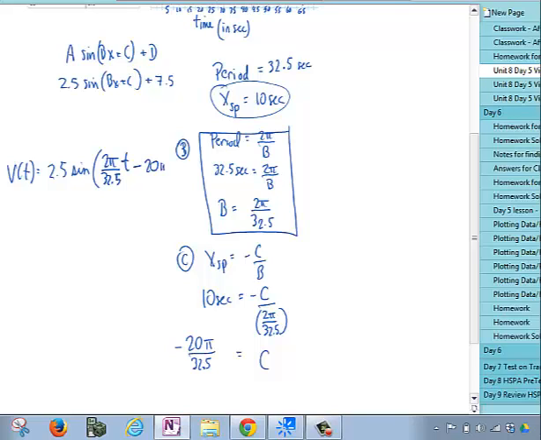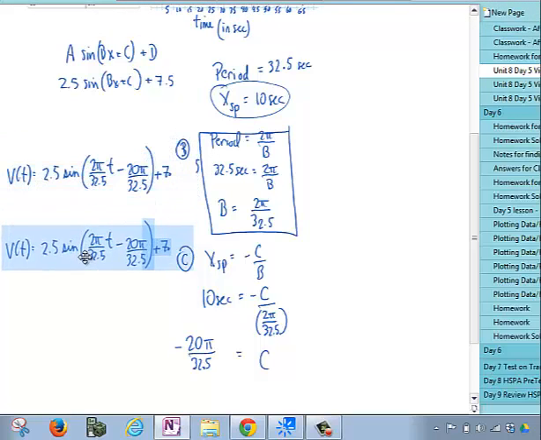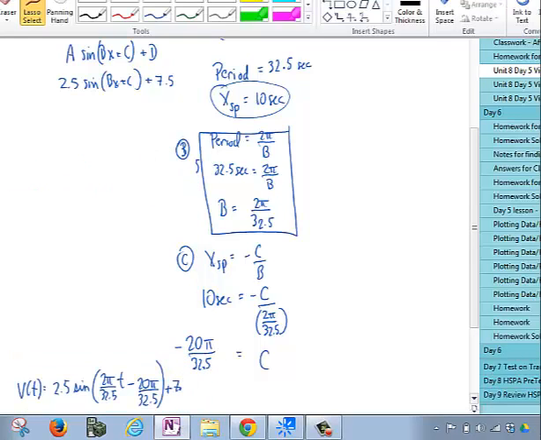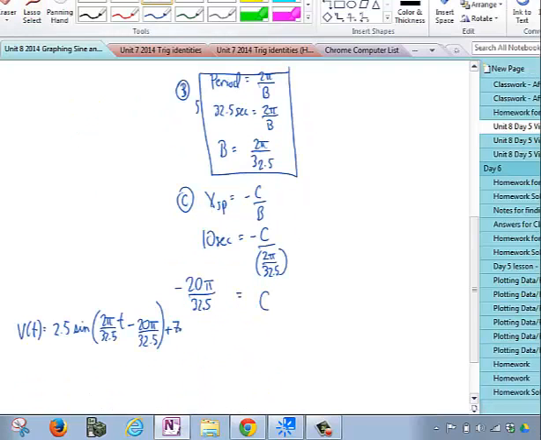This will be the trig function that works to better model this data, and that would be our final result for the velocity function.